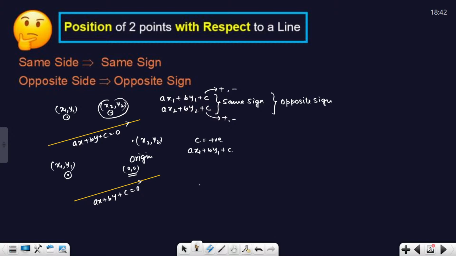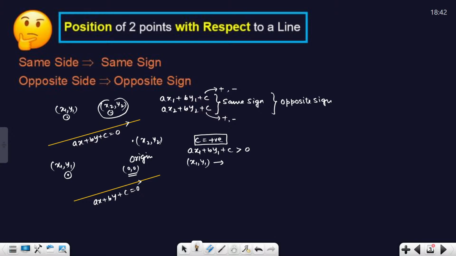So this will be our expression. Now, suppose we take that C, which is given, is positive. And if you find that this expression is also positive, then we will say that this point, the point x1, y1, lies on the same side of the origin.